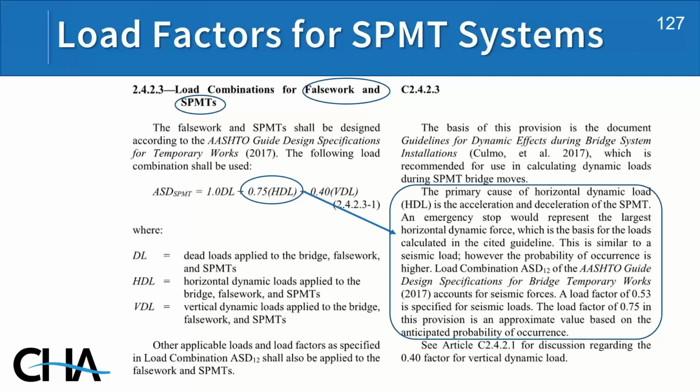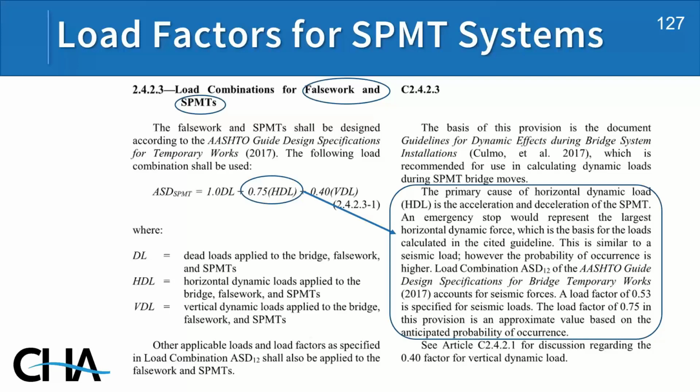But then for horizontal dynamics, the bridge superstructure does not see much in the way of horizontal dynamics because it's essentially a rigid body. But the falsework does see significant horizontal dynamic forces, and we use a factor of 0.75. And that 0.75 is kind of a seat of the pants number that was developed by the project panel and the researchers. The guide spec for temporary works uses a load factor of 0.53 for seismic.